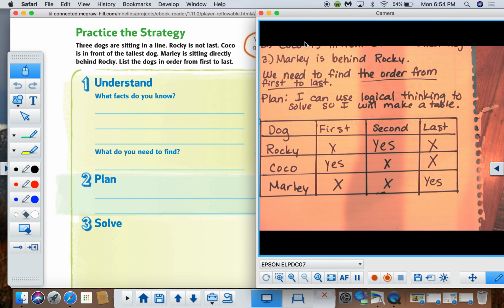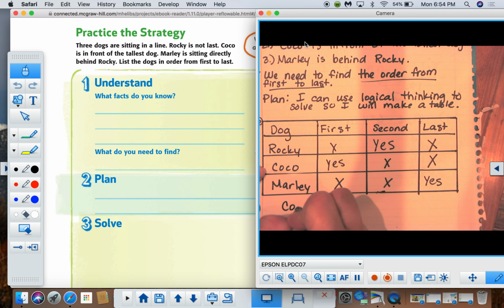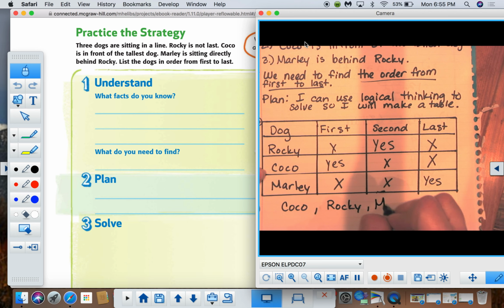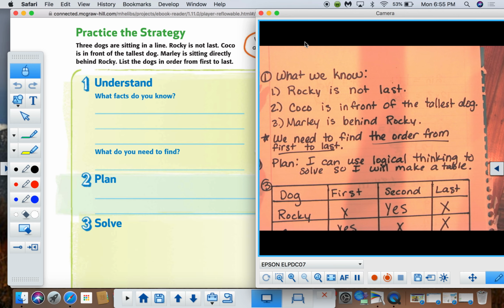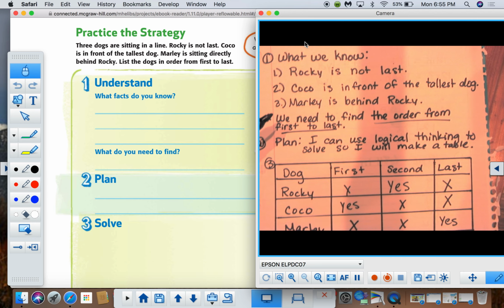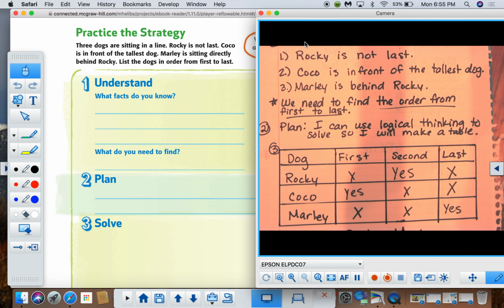So in order from first to last, we have Coco, then Rocky, and last we have Marley. All right. Since all of the answers match the clues, if I look at all my answers here and I match them up to my clues, then I know that the solution is reasonable.